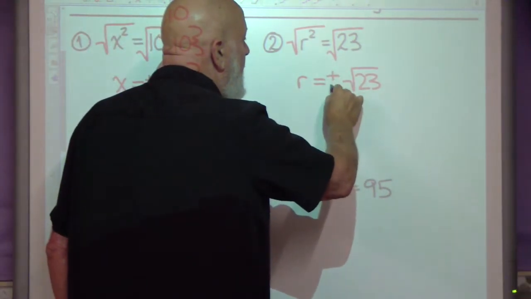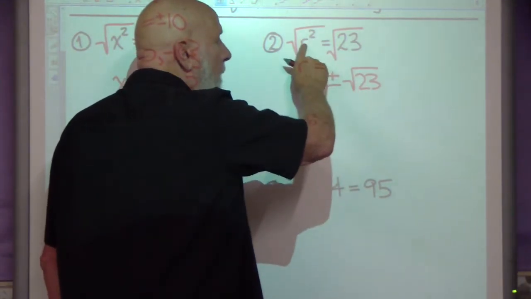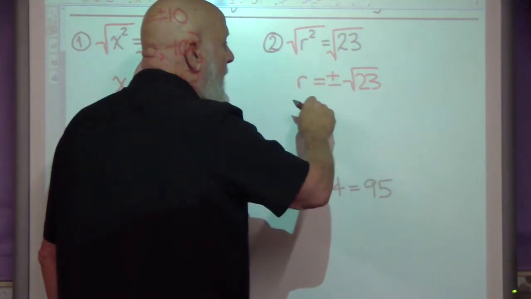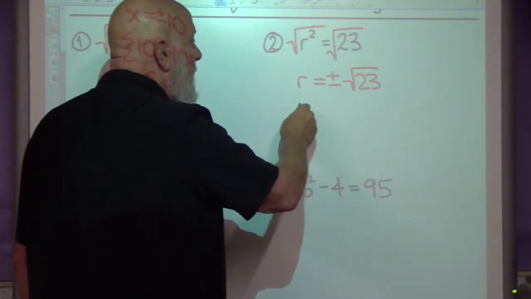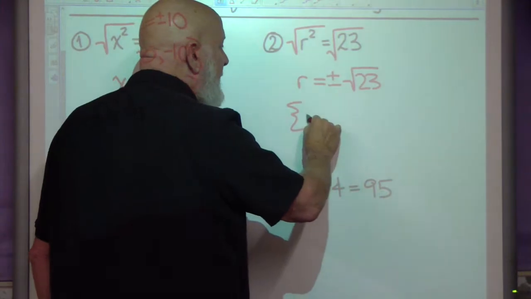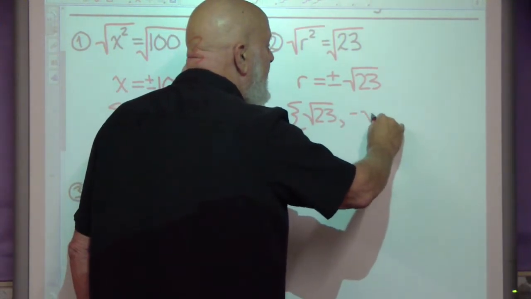But just as we had a positive and a negative solution before, we also have a positive and negative solution here. So our solution is positive or negative radical 23. If I square positive radical 23, I'll get 23. If I square negative radical 23, I'll also get 23. So here are our solutions. You could see them written like this or expect to see them written like this. It doesn't matter which one comes first.